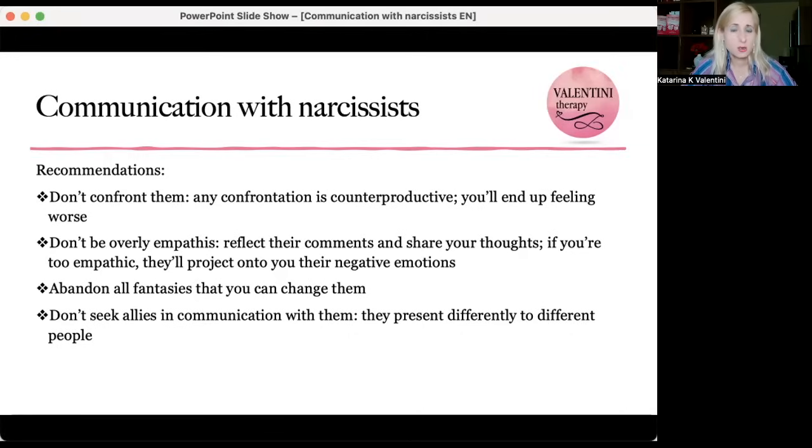If your narcissist is being nasty to you at home, and you start complaining to one of his work colleagues to whom he's presenting completely differently, then this work colleague will not understand what you're saying, where you're coming from, because the person you will be describing will not match the person he has been interacting with, because the narcissist that is being nasty to you at home is probably super sweet at work and everybody loves him and adores him. So don't seek allies in communication unless you know that your narcissist has been talking in the same kind of way to that person.